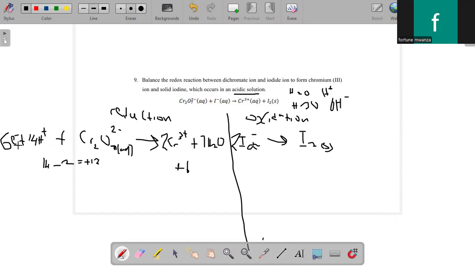Let me go to the other one. If I add my 6 electrons, my equation is going to look like this.